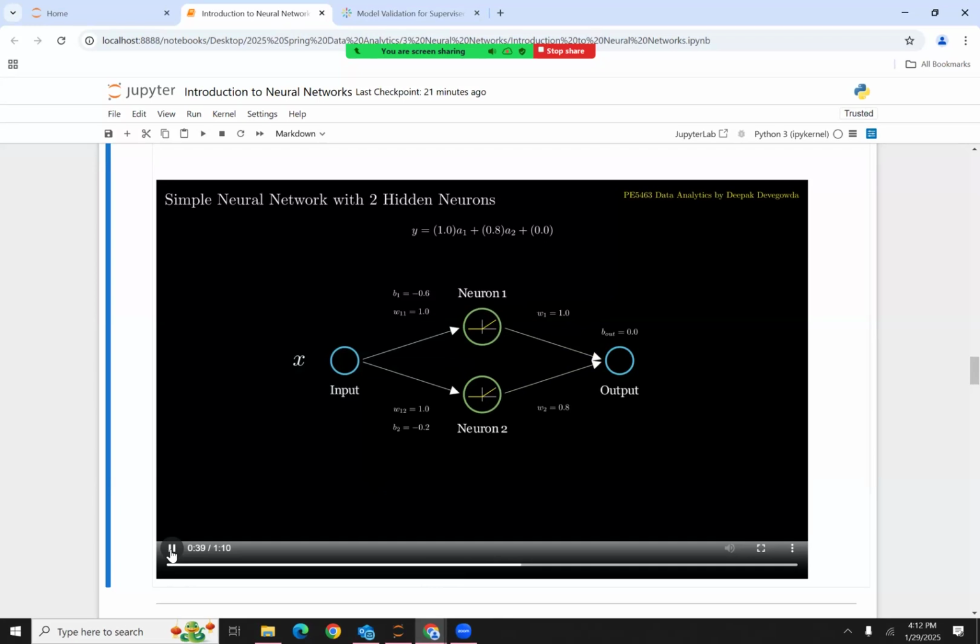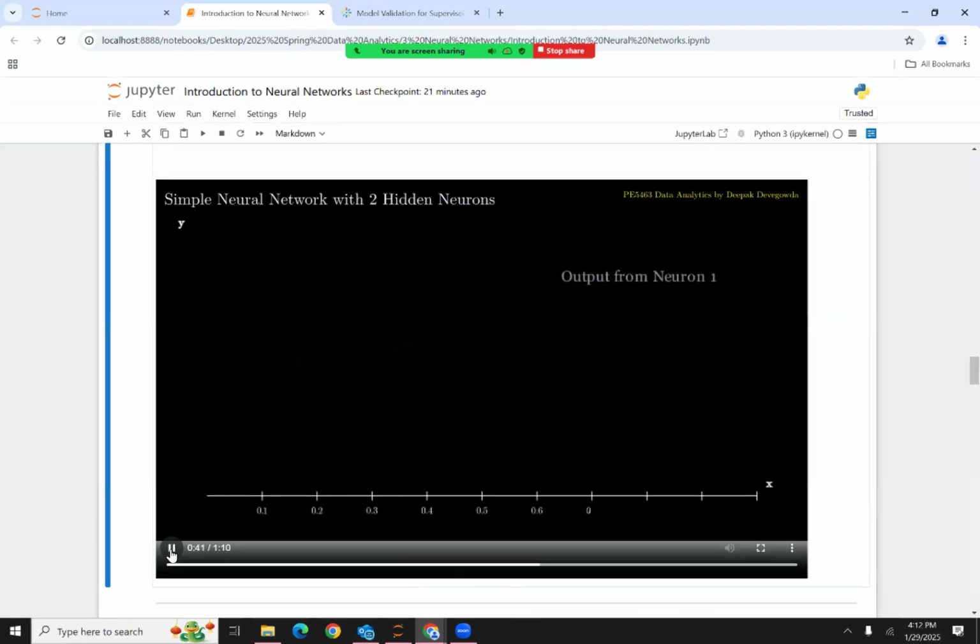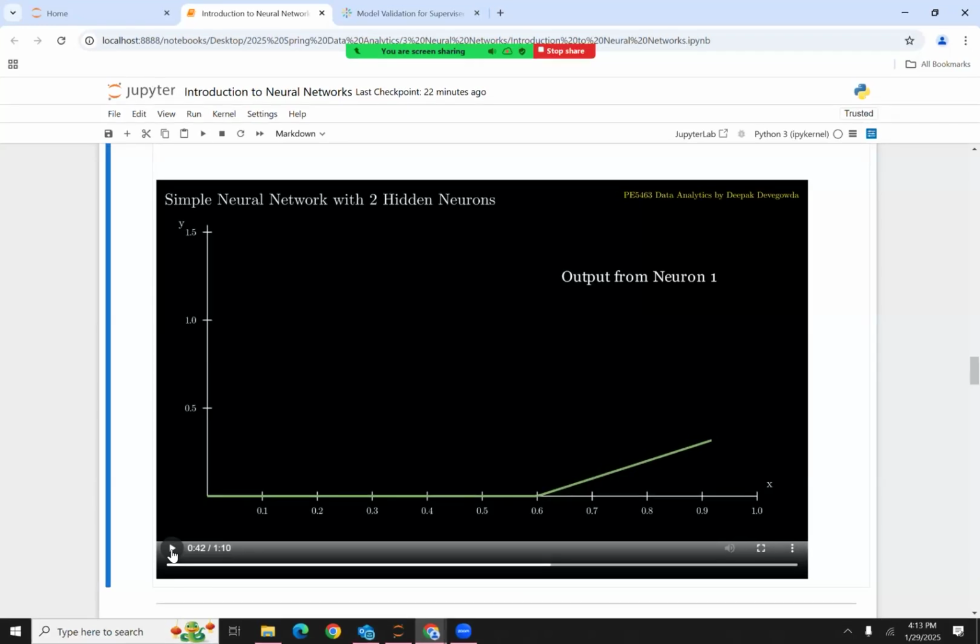Again, the weights and the biases are entirely randomly chosen. So for different values of x, I can plot what the neural network is going to predict. Again, I'm going to examine what the neural network predicts for values of x between 0 and 1, just for illustration purposes. So we can see what happens with just one neuron.